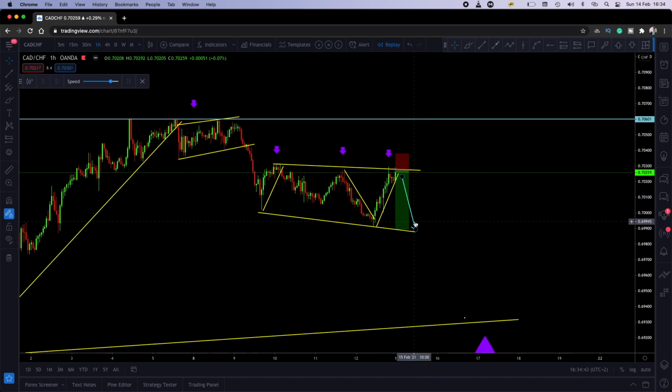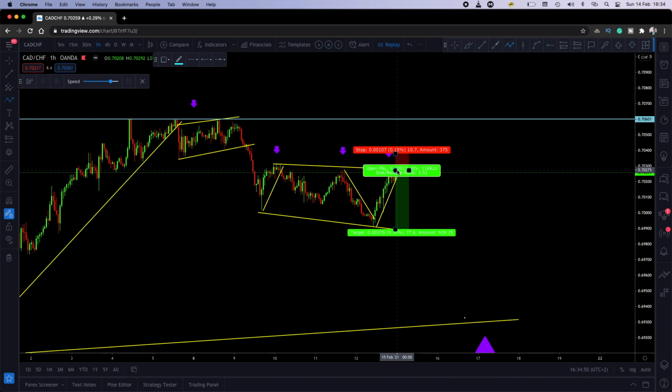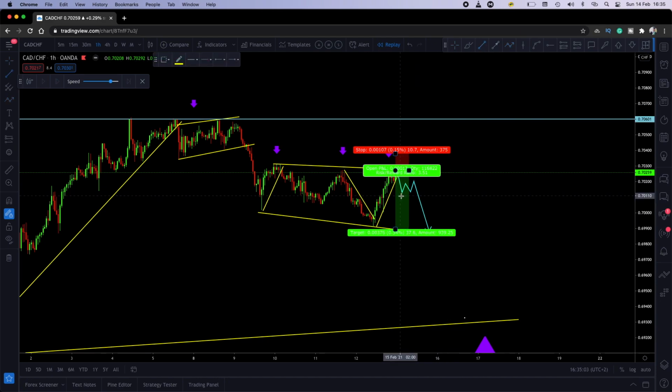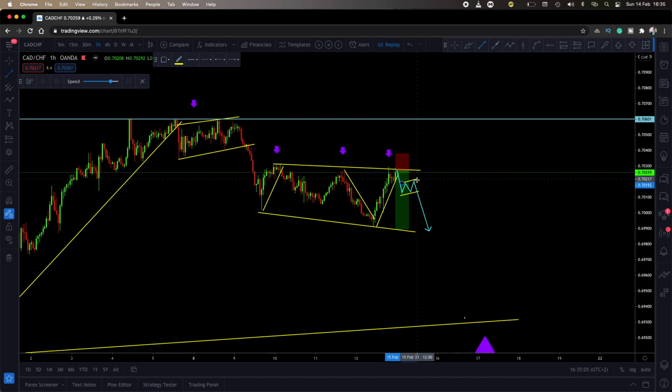So this will be my first entry on this level. First entry, come down, give me a correction, then take it down. Like this.